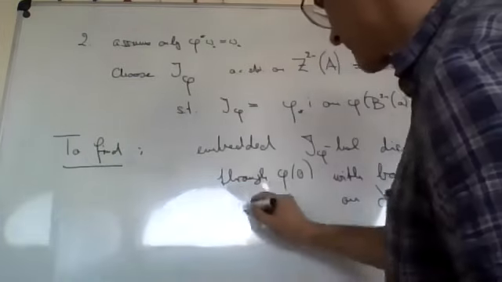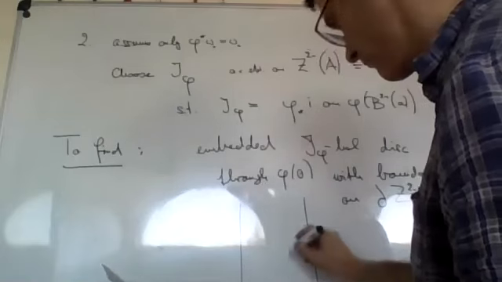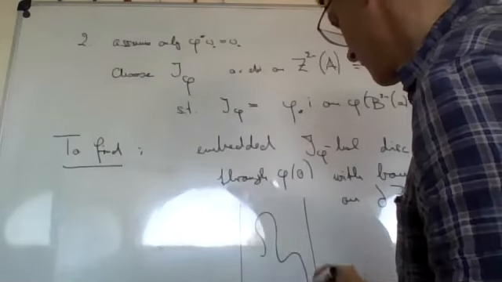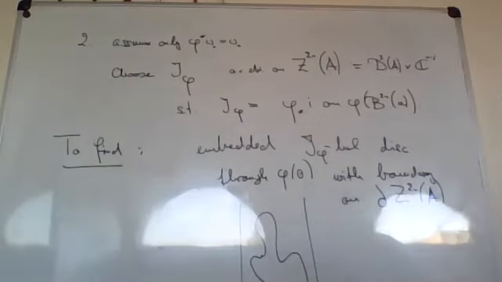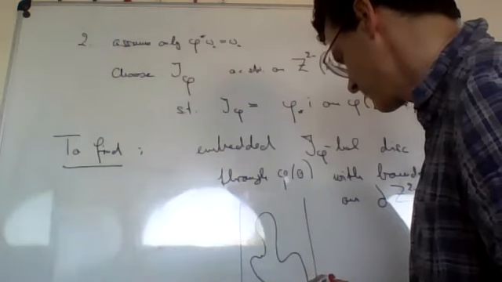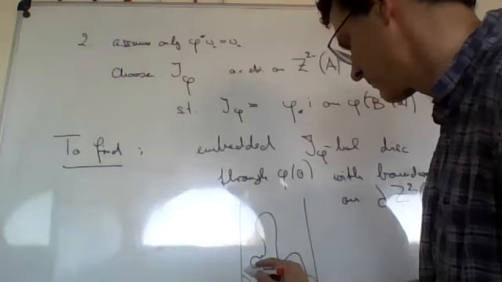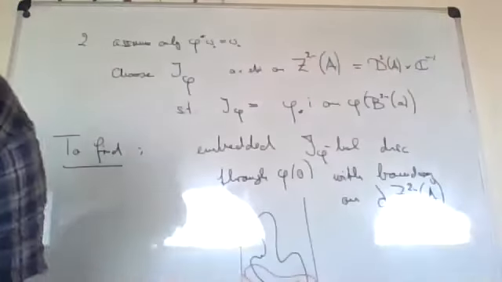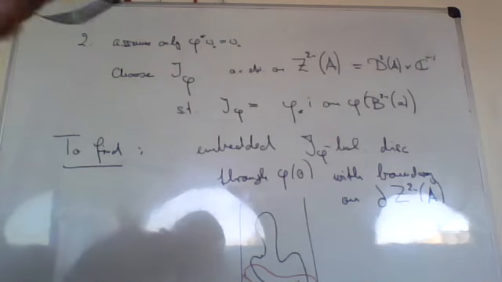So it's something like this. Here is the image, and through the center, you want to find somehow a disk. But it should go out. When you find this, you are done.